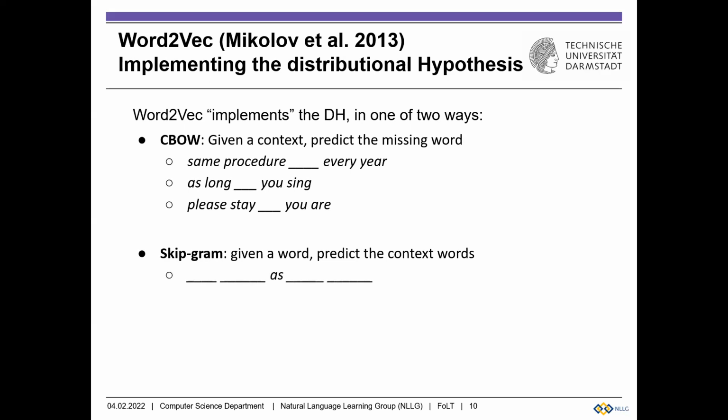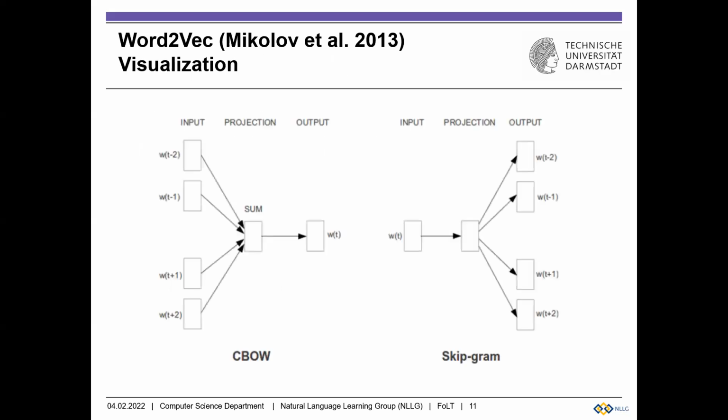We only have the center word and we aim to predict the context. Now, those two models are illustrated here, the CBOW model on the left, the skip-gram model on the right. And even though the skip-gram model is less intuitive for humans, I will focus on this in the following description.